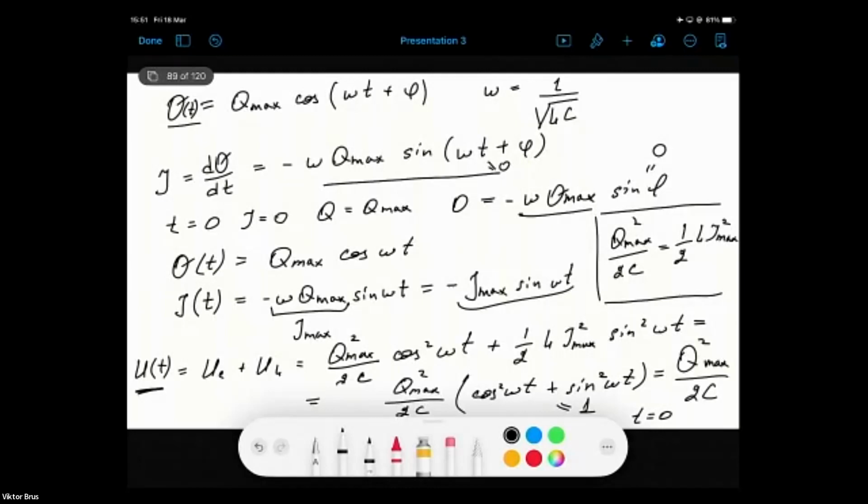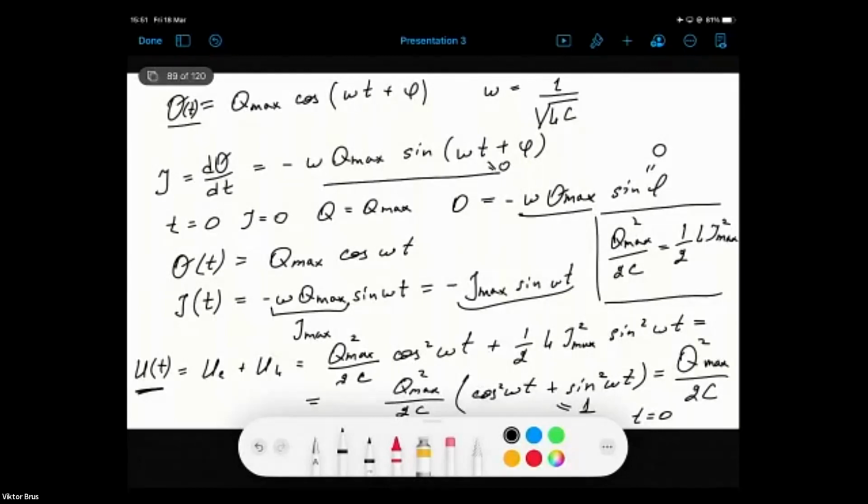So that is another proof of the fact that total energy remains constant and does not change with time.